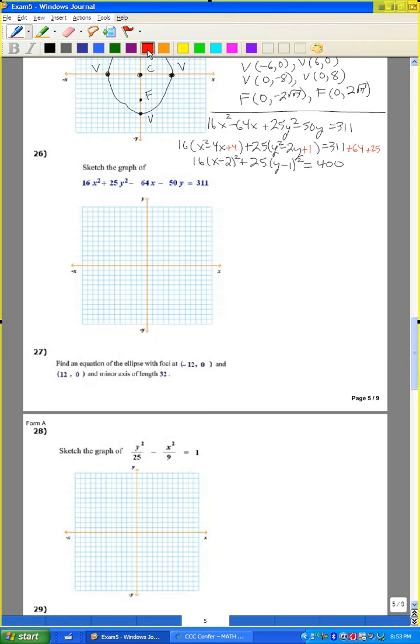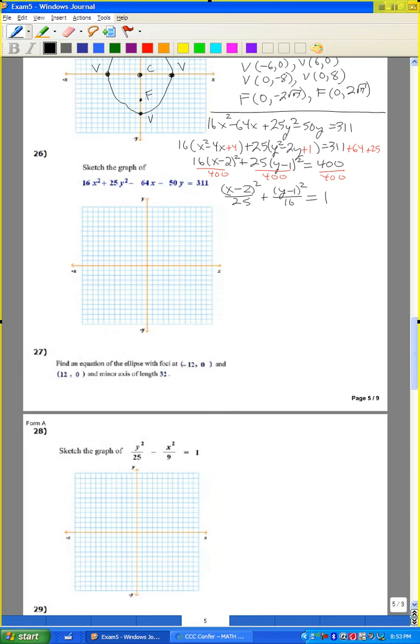Divide both sides by 400, and I get (x minus 2) squared over 25 plus (y minus 1) squared over 16 equals 1. That's a pretty nice equation.